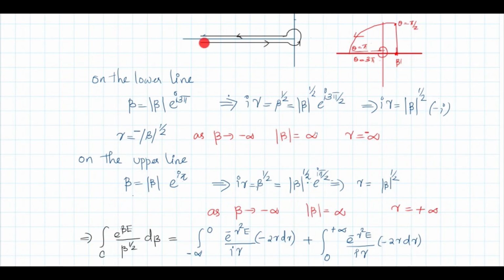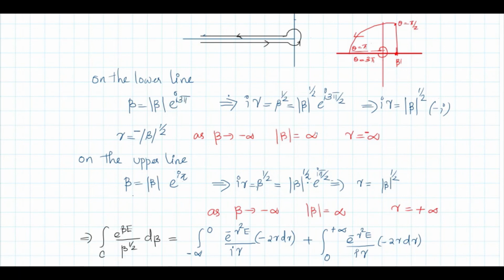So on the lower line, the phase angle is 3 pi. So I can write beta as magnitude beta into e raised to i 3 pi. So i gamma is beta raised to half, which I can write as mod beta raised to half into e raised to i 3 pi by 2.